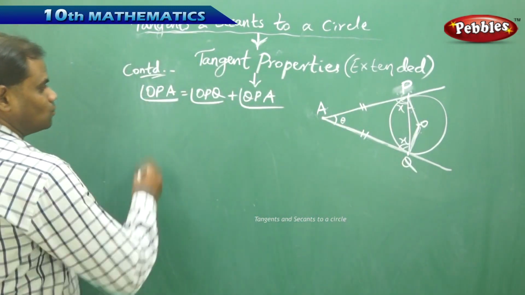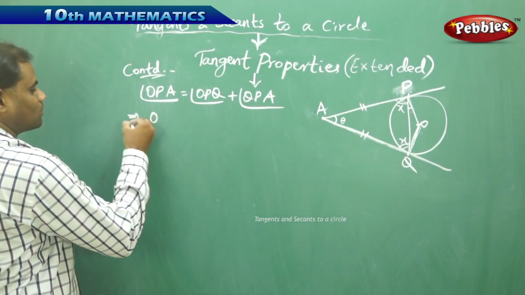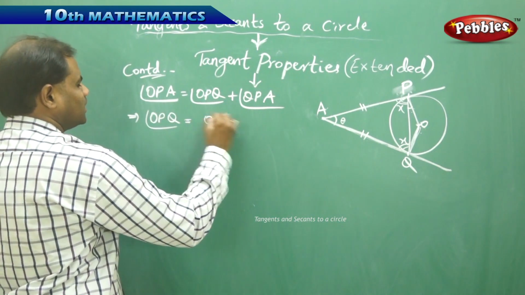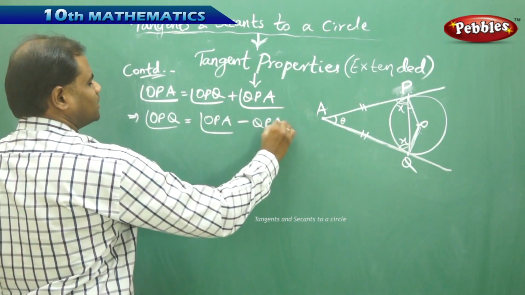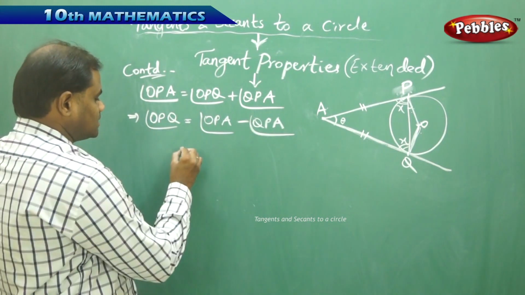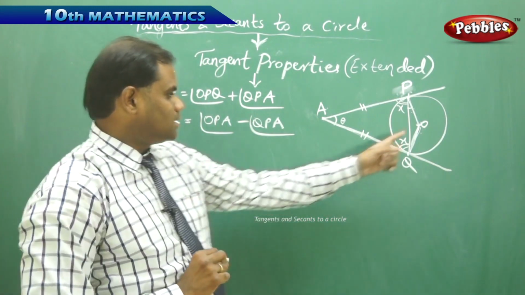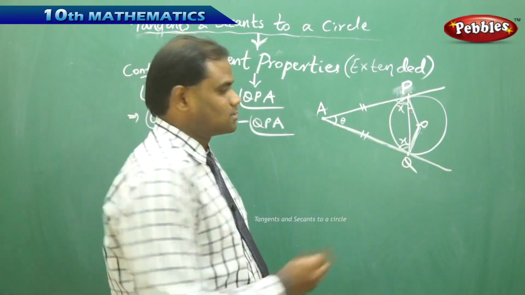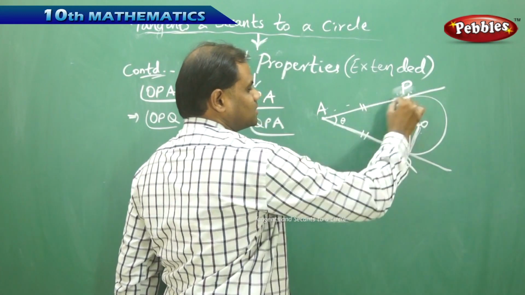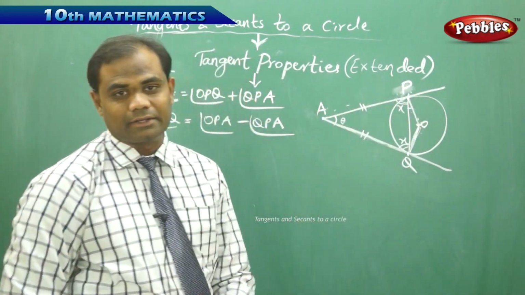Now let's see what angle OPQ is from here. Angle OPQ is angle OPA minus angle QPA. Now as I clearly see here, angle OPA is 90 degrees because OP is the radius and AP is the tangent. So radius is perpendicular to tangent, therefore this entirely is 90 degrees.